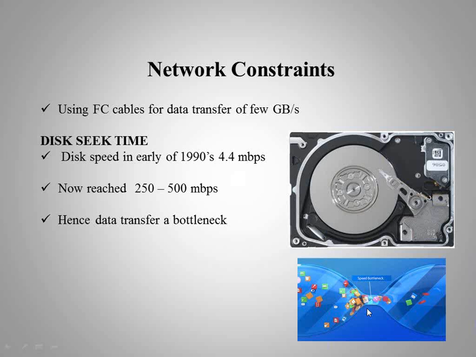The time taken by the disk head to move from one block to another in order to retrieve the data is what we call disk seek time. After all, for retrieving 64 MB of data, my disk head needs to move 8,000 times. What about terabytes and petabytes of data?